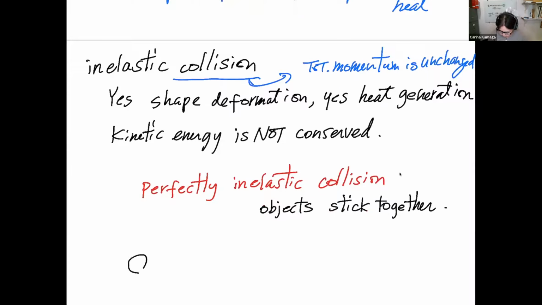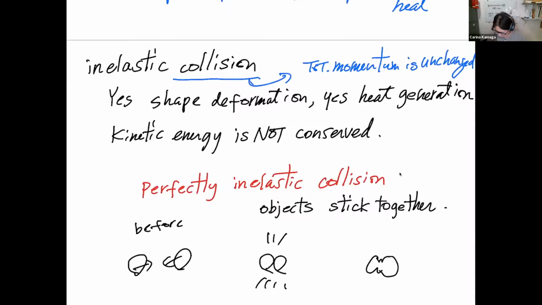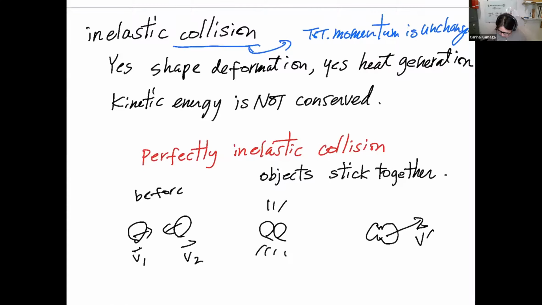So before the collision, they're coming together. This is before. And then they collide, and after the collision they get smooshed, so they're going to share the same velocity. You might have V1, V2, but they collide and become M1 plus M2, one object. After.